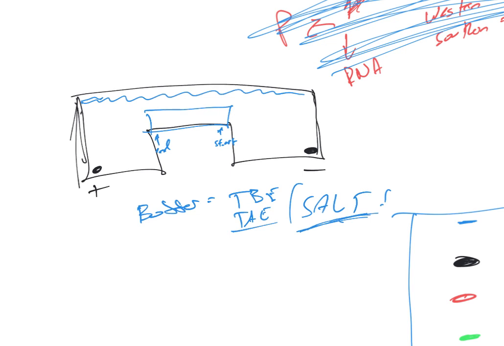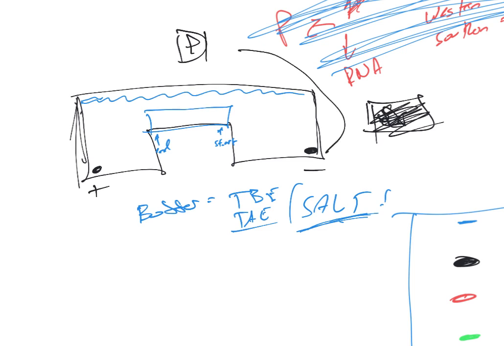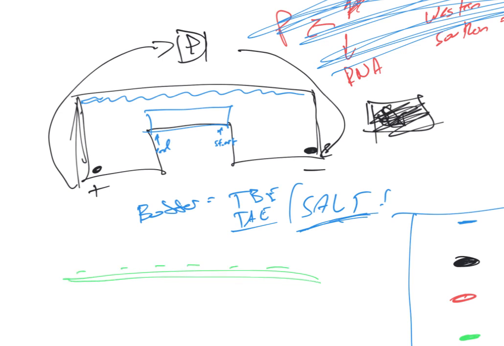Salt. So this water is full of salt. It makes it a buffer. So now we have a power supply. Here's my DC power supply. It comes in here, comes out here. Okay? So the DNA molecule is slightly negative. So DNA molecules are a little bit negative.